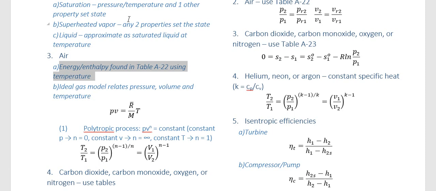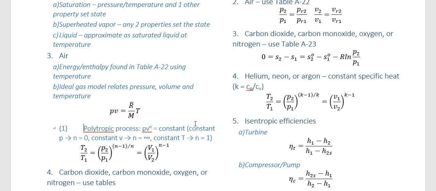Now, if you need another state, okay, or you don't have temperature, remember you have the ideal gas model that relates PV and R, PV and T. Remember, R is actually R bar divided by the molecular weight, which for air is 28.97. Now, the nice thing about air, an ideal gas, is the polytropic process, right?